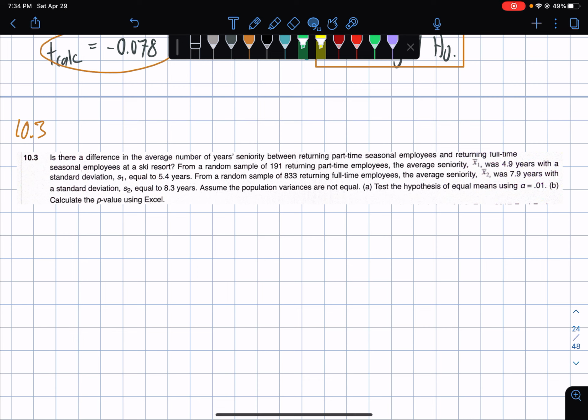So again, in a two sample hypothesis test problem, we enumerate the following. We are looking for the following as a given: S1, S2, N1, N2, X bar 1, X bar 2. From a random sample of 191 returning part-time employees, this is the first sample size mentioned, so that's definitely N1.